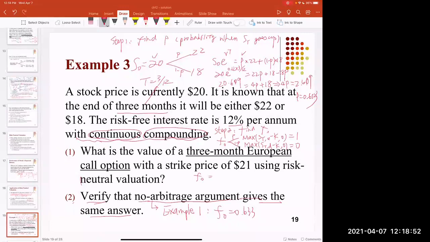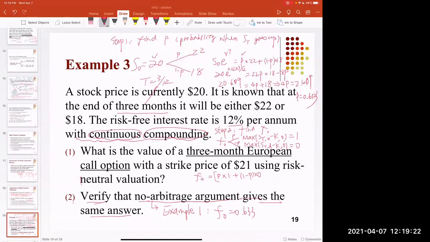And the right-hand side, we first need to find the expected value at time T. The probability the stock price goes up times the value for the option, which is 1, plus 1 minus P times 0, because when the stock price goes down, the value is 0. This is the right-hand side expected value at time T, right?